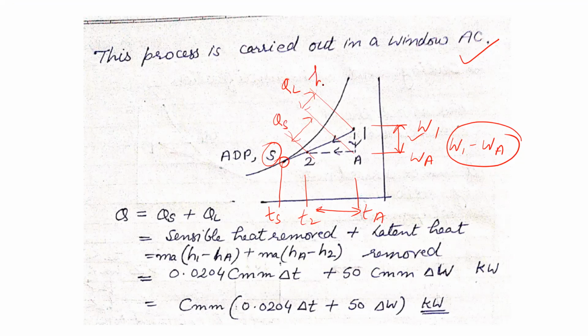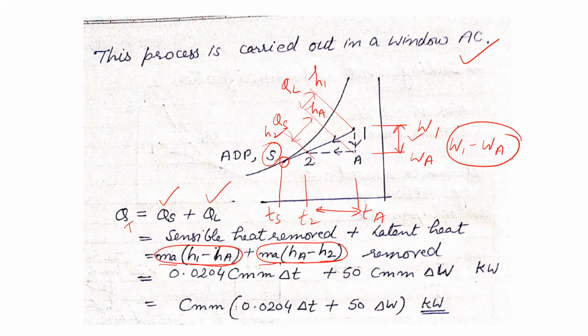Here the enthalpy is H1, here the enthalpy is HA, and here the enthalpy is H2. So I can say the total heat removed QT is equal to sensible heat plus latent heat removed. So it is equal to MA into (H1 minus HA) plus MA into (HA minus H2). So this is the sensible heat part, and this is the latent heat part.